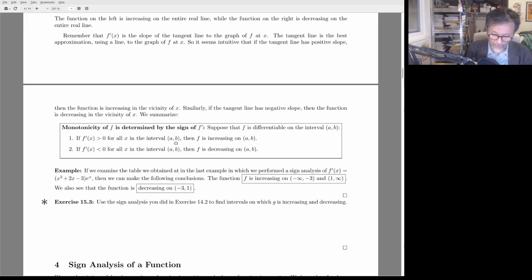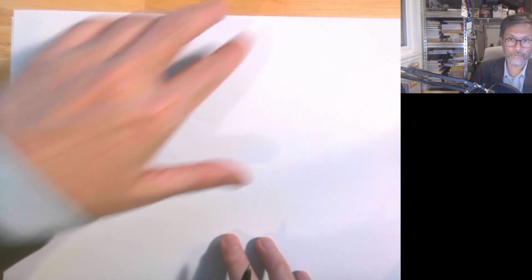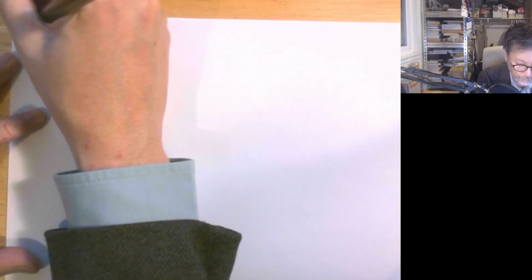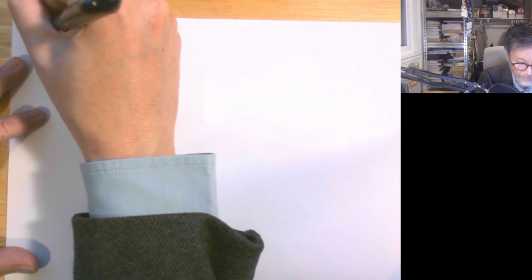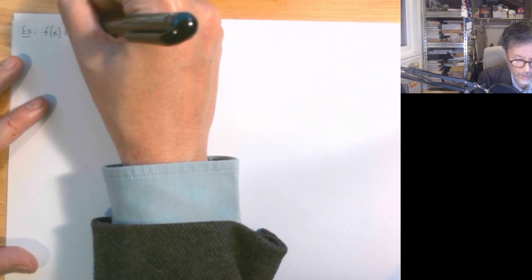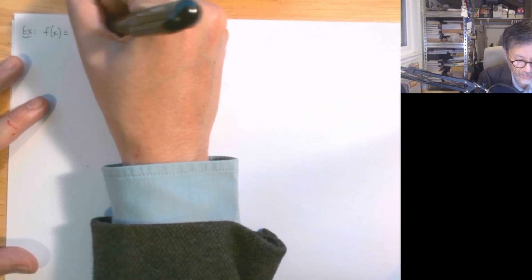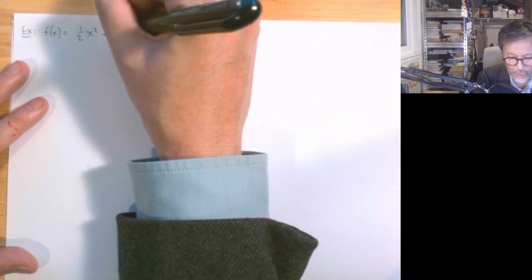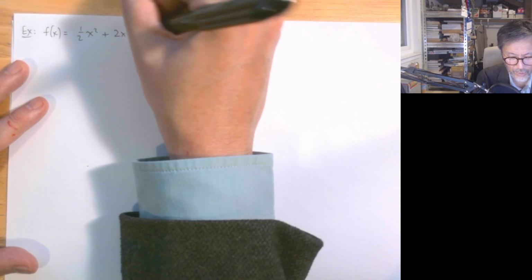Okay, so let's see an example of this in action. A really simple example, shall we? So, for example, suppose that we have f of x equals, how about, 1/2 x squared plus 2x plus 3.